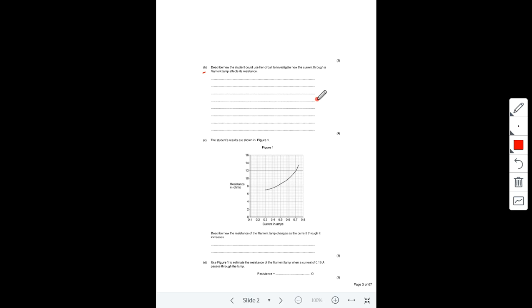Now see this question, question number C, part C. The resistance increases. Okay, let me read this. Yeah, that's good.